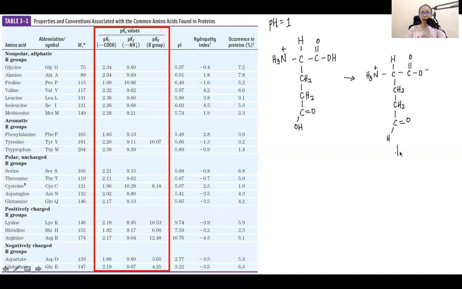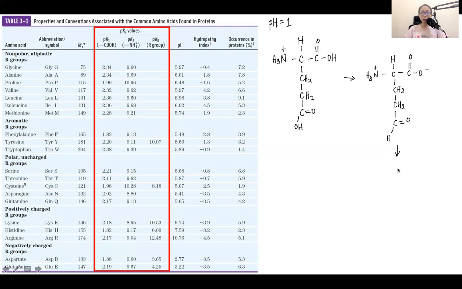We continue to add more base. This time, the next pH is 4.25. So if we reach pH 4.25, the proton from the side chain carboxylic acid functional group will be the one removed.